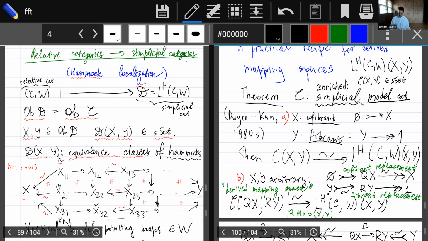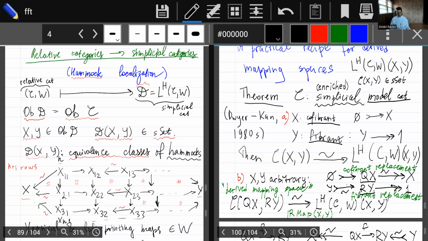And likewise, the unique map from Y to the terminal object can be factored as the composition of an acyclic cofibration and a fibration. Then these intermediate objects are called cofibrant replacement and fibrant replacement. Their main property is that they are weakly equivalent to X, respectively Y, and they are cofibrant, respectively fibrant, because this map is a cofibration and this map here is a fibration.